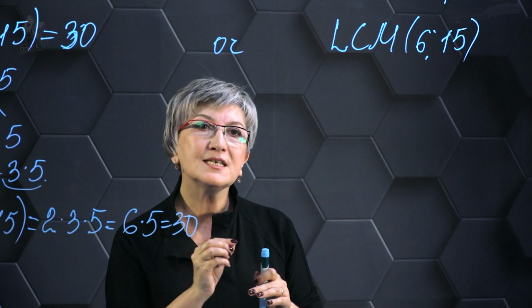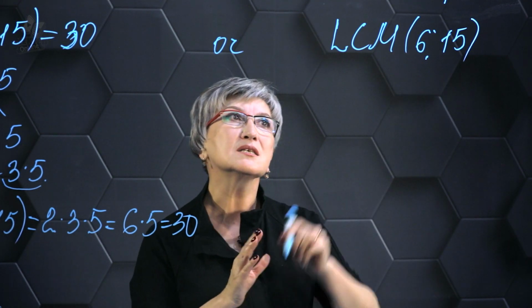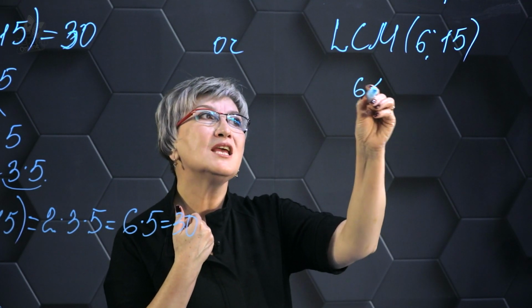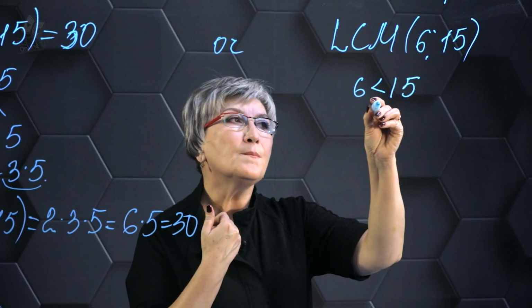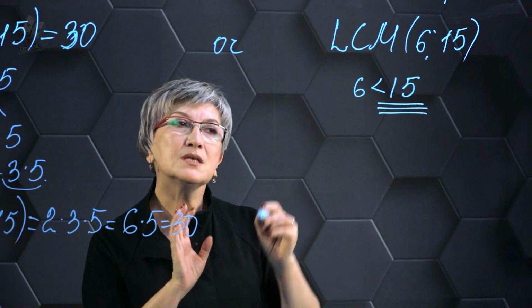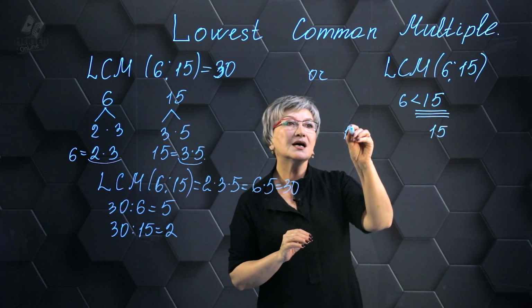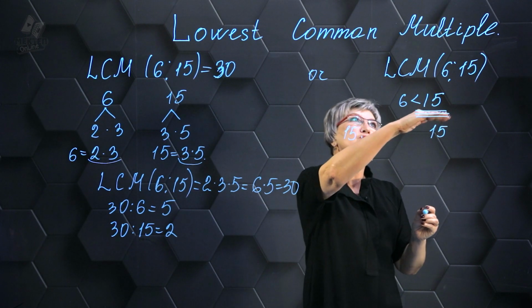Which number is bigger between 6 and 15? Naturally, 6 is less than 15. I'm working with the number 15. Verifying 15. That is the largest number. There is no number greater than 15 here.